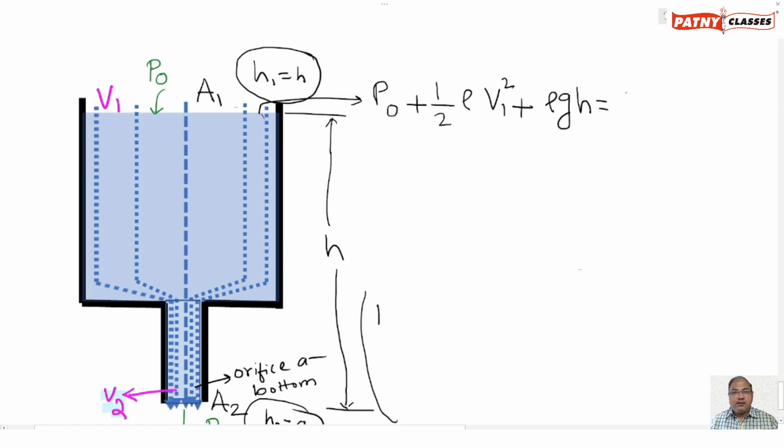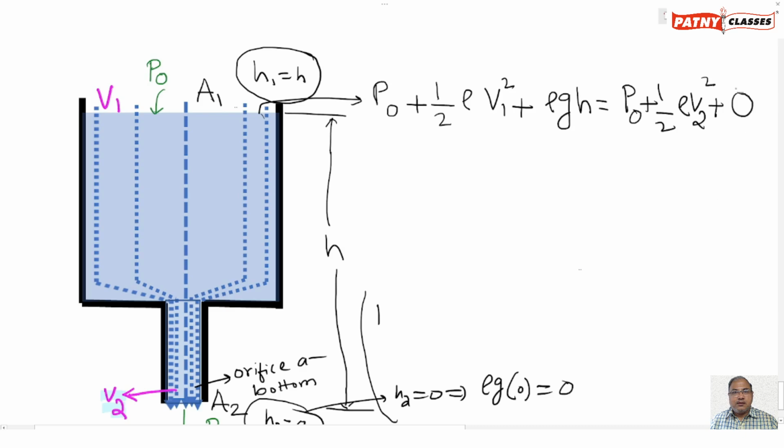For the bottom surface, the total energy is P naught plus half rho V2 square plus rho g H2. But for the bottom surface, H2 equals 0, implying rho g H2 equals 0.